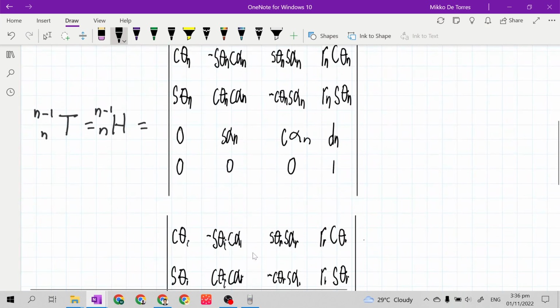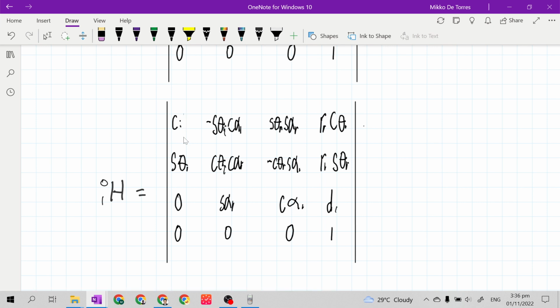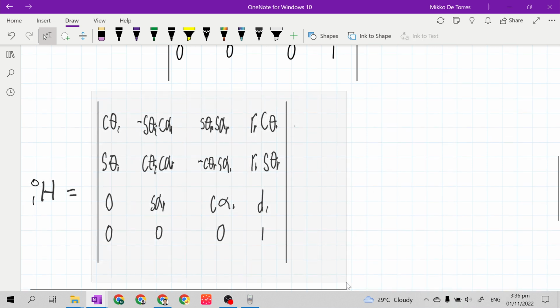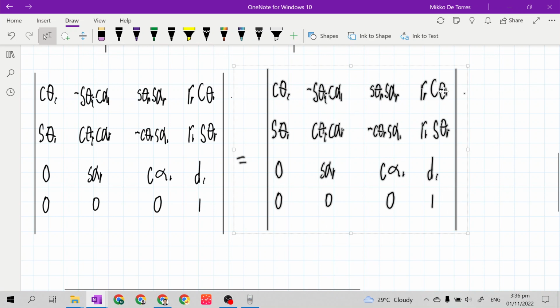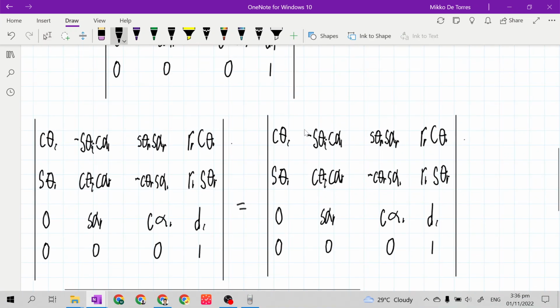So, we will substitute all theta 1 with 0.